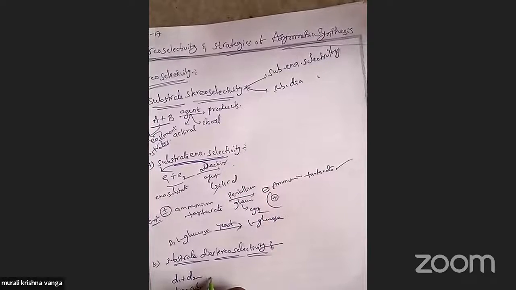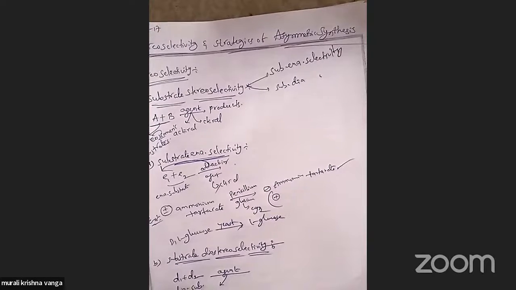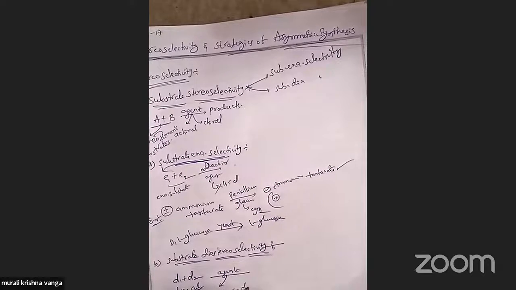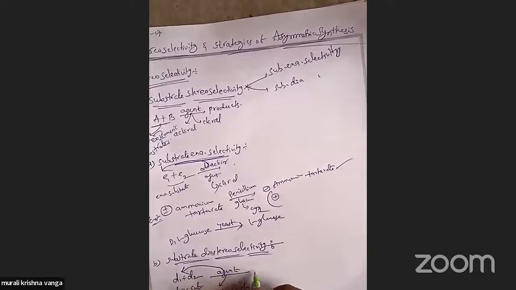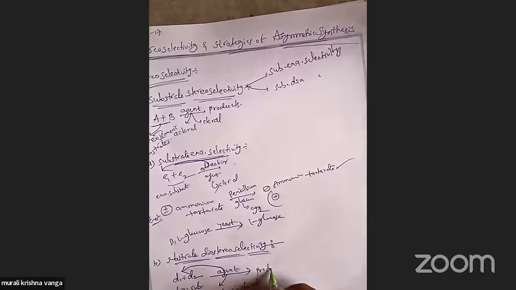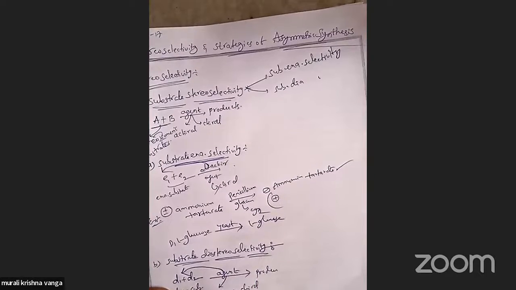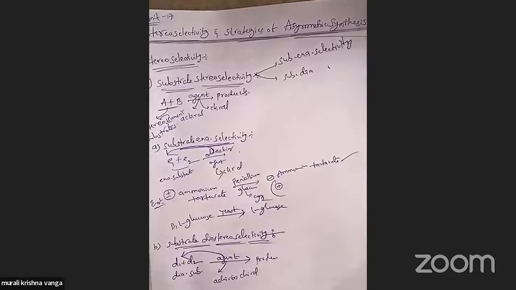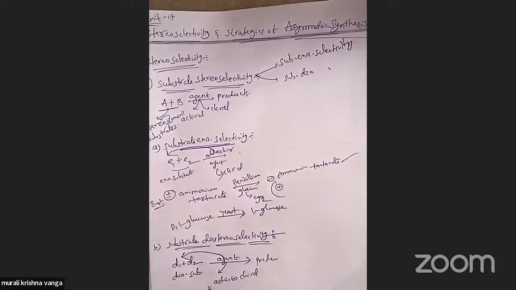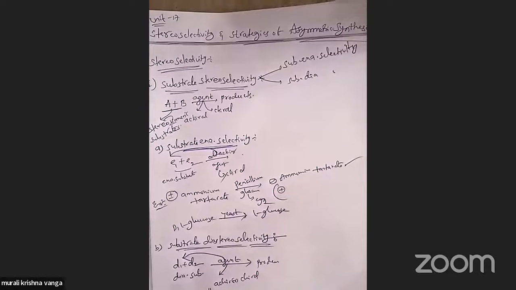The attacking agent may be chiral or achiral. This attacking agent preferentially reacts with one diastereomer and gives products. Okay, the example is cis 4-tertiary butyl cyclohexanol and another one, trans.